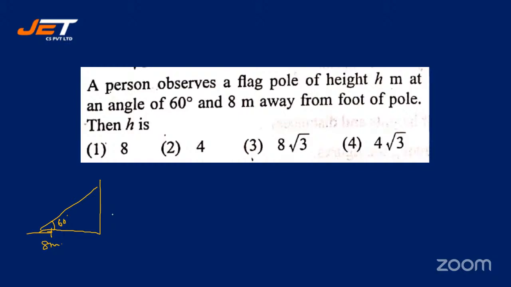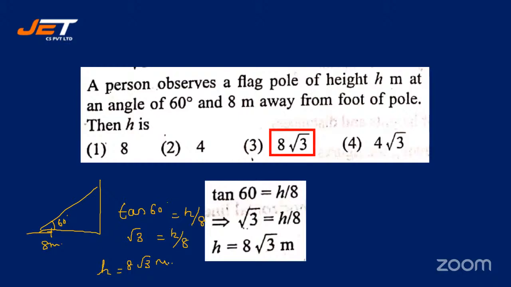So here you can say that it is opposite side by adjacent side, which is tan 60. It's nothing but h by 8. So tan 60 is root 3, equal to h by 8. So h is equal to 8 root 3 meter. Okay. So hope this is clear.